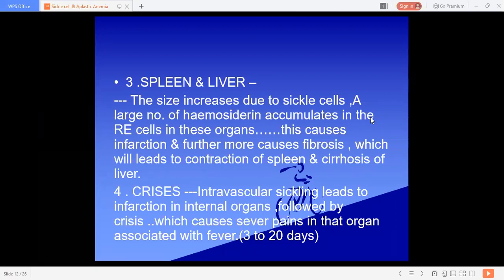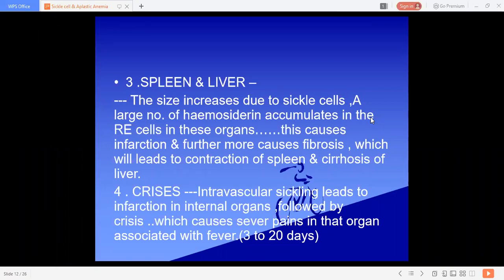And the next symptom is a symptom of crisis, that is intravascular sickling, which leads to infarction in the internal organs followed by crisis, which causes severe pain in that particular organ associated with fever, and this fever will remain up to 3 to 20 days.